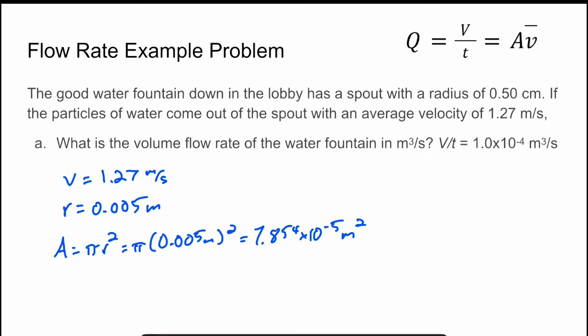So to find our volume flow rate, which equals volume over time, which also equals our area times our velocity, right?